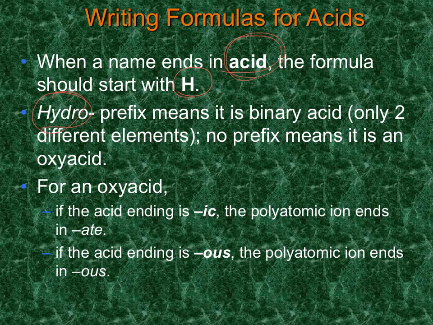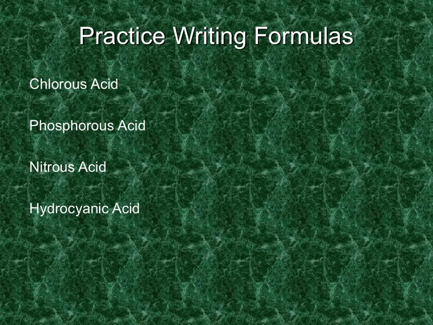If the acid name suffix is -ic or -ous, that means that you have a polyatomic ion in it, and you need to figure out what the polyatomic ion is. Give these a shot. I would recommend putting the video on pause, seeing if you can write the formulas yourself, and then we will go over them.